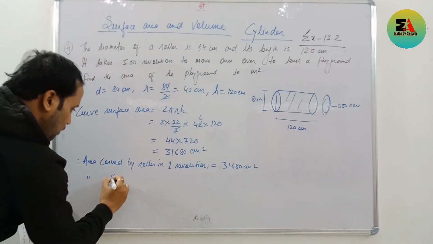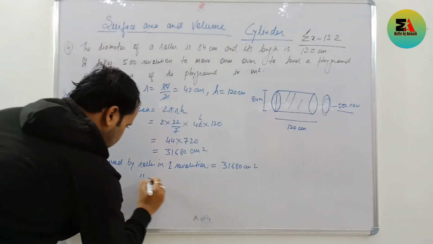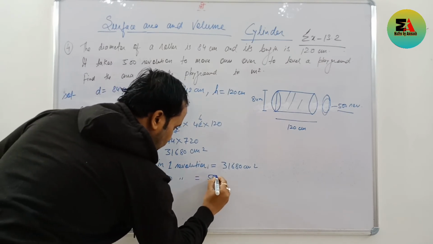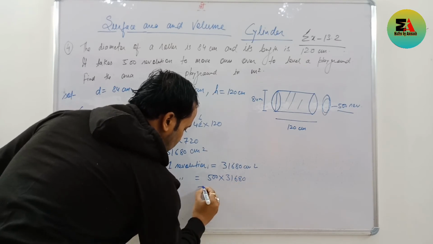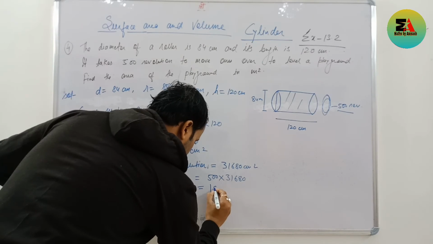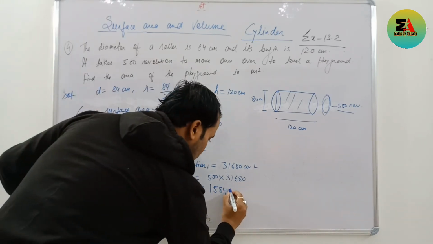The road roller revolves 500 revolutions. In 500 revolutions, 500 into 31680. This area becomes 15840000.